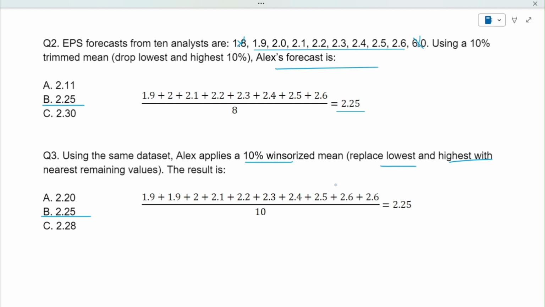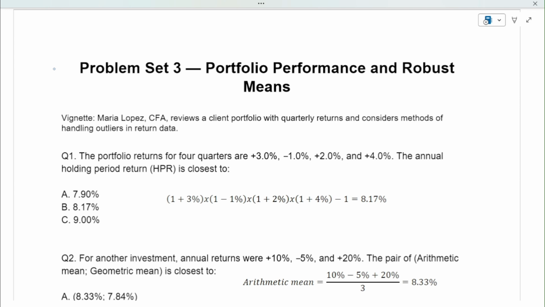Here, the lowest 10% and highest 10% are 1.8 and 6, and the closest values to them are 1.9 and 2.6. When we replace them with these numbers and calculate the mean, the answer is again 2.25. Coincidentally, in this question, the winsorized and trimmed mean are the same, but that's not going to be the case always.